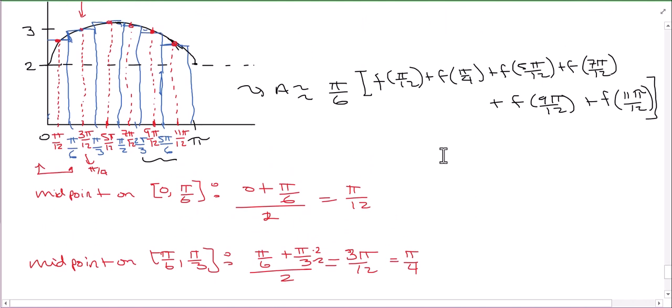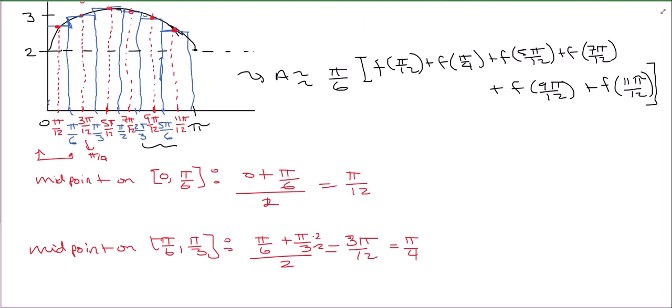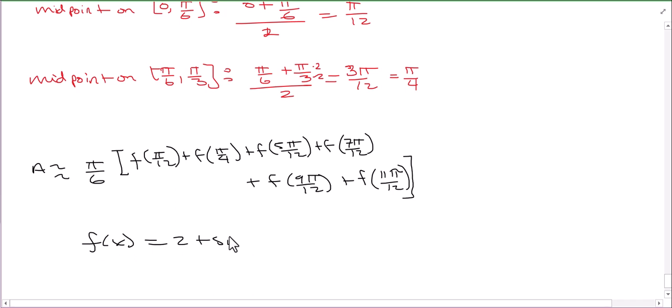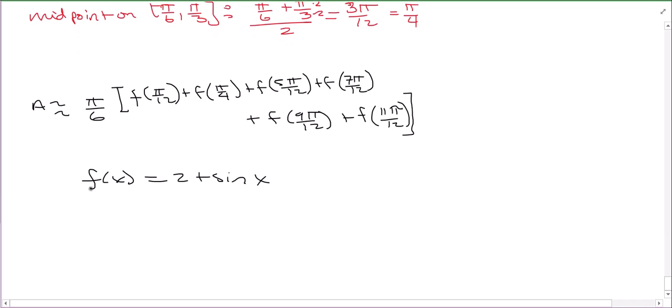I guess I should have done that down here. Let me copy it. And recall that our f of x was 2 plus sine x, and so that's what you would put in. So our area then will be approximately our pi over 6 that we have on the outside times f of pi over 12, so 2 plus sine of pi over 12.